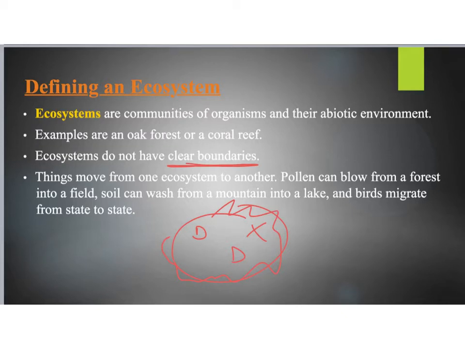Things can move freely from one ecosystem to another. So pollen can blow from a forest into a field, soil can wash from a mountain to a lake, and birds can migrate from state to state. The boundaries don't exist, so animals, even abiotic features, can move easily from place to place.